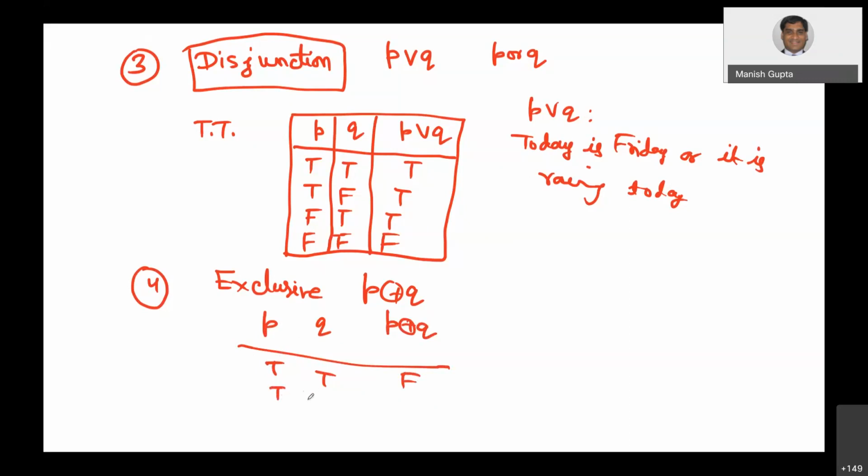If one is true and another one is false, this is true. And if both of them are false, this is false.